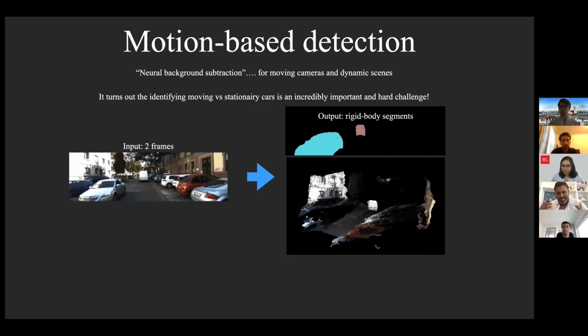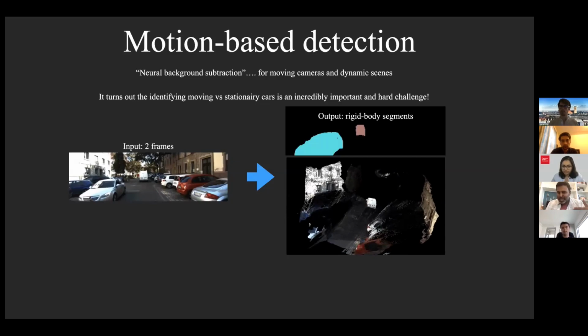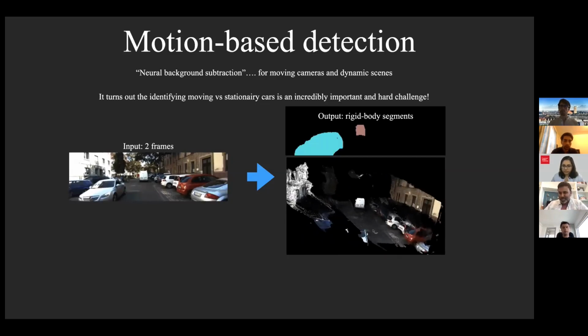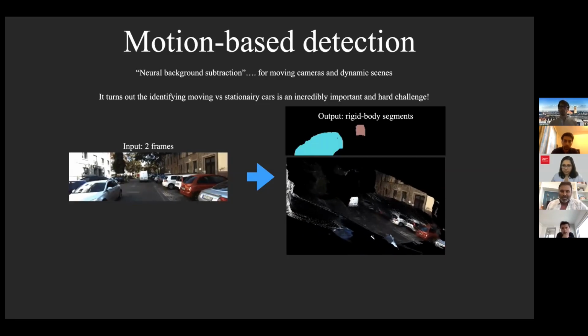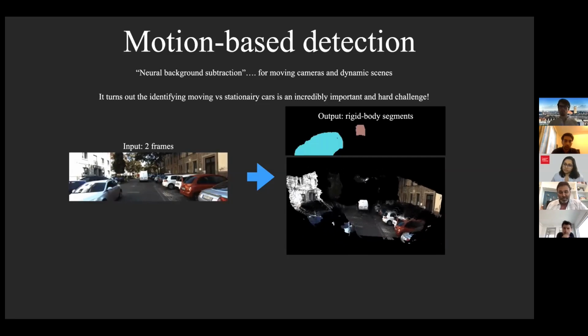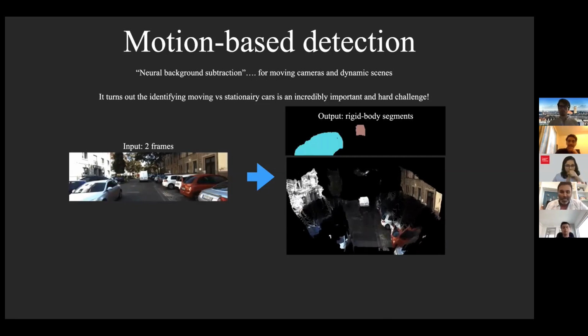But what's surprising, if you think about it from the behavioral response point of view, is that there's a huge difference in how I should act if I think someone is pulling out or if someone's actually parked. So this notion of being able to estimate if something is moving or not is, I think, profoundly difficult, much more difficult than you might have thought.